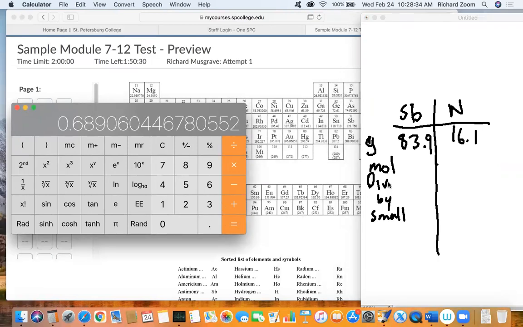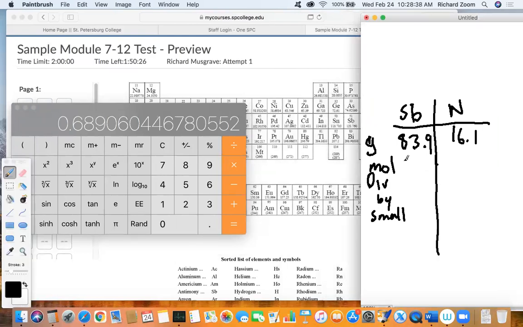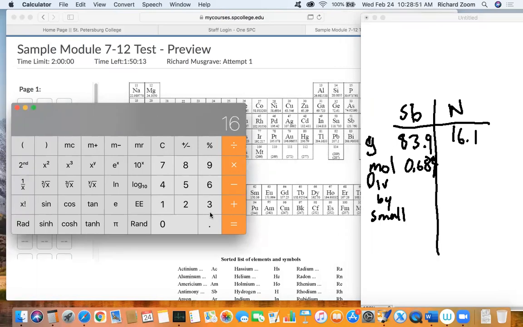And that comes out to be 0.689 moles of antimony. I'm just dividing it by its atomic weight. And then the nitrogen, which would be 16.1 divided by 14, and that would be 1.15.